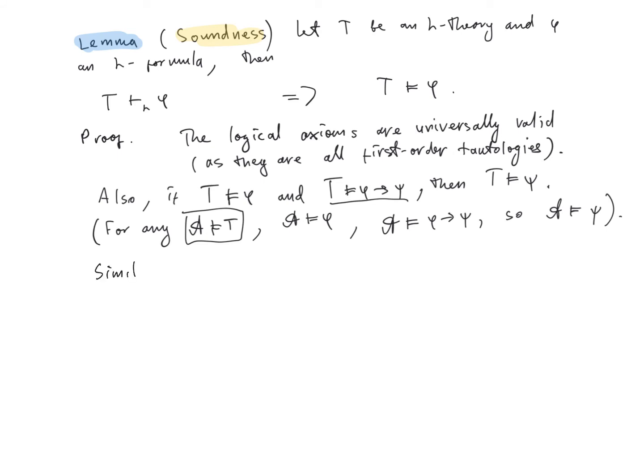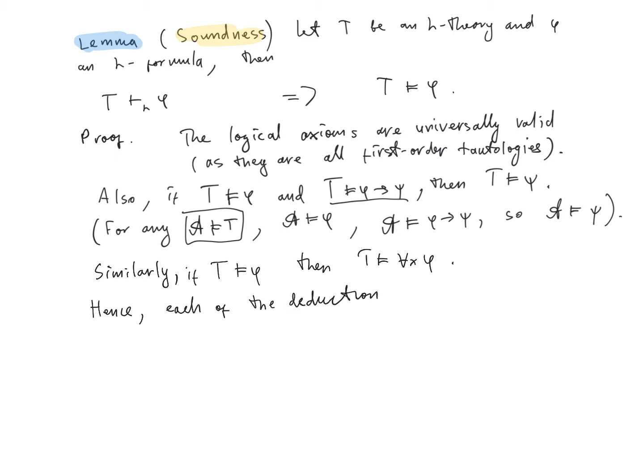Similarly, from the definition of satisfaction of formulas in structures, we have that if phi is a logical consequence of T, then for all x, phi is also a logical consequence of T. So we see from these two observations that each of the deduction rules, the modus ponens and the generalization rule, preserves the property of being a logical consequence of a theory.